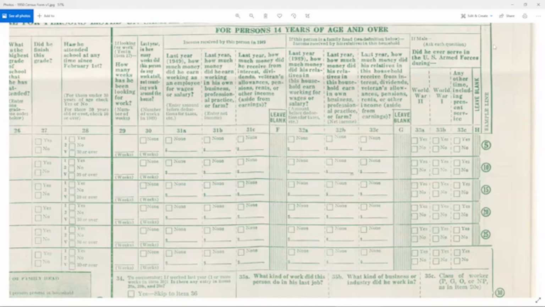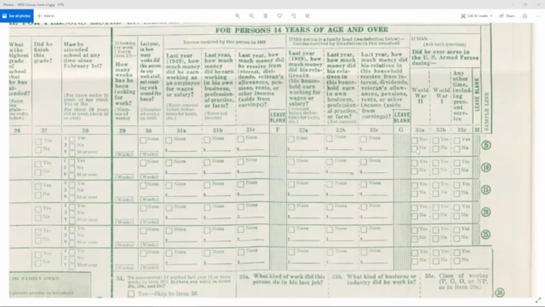And then finally, we have, unfortunately, if male, ask each question. That was, did he ever serve in the U.S. Armed Forces during World War II, World War I, any other time, including present service? Again, it'll be interesting to see what happens with this set of questions, especially related to World War II, because there were plenty of women for sure who served in World War II.